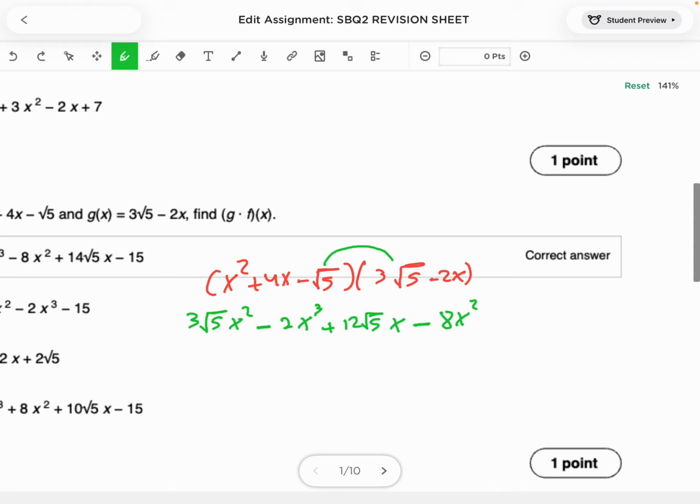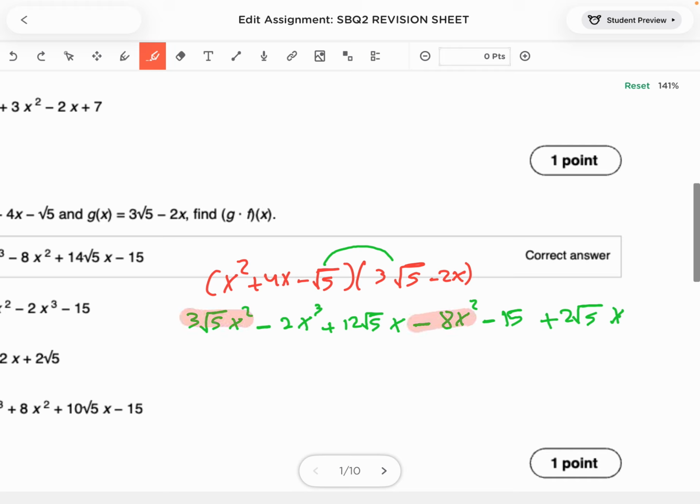Radical 5 by 3 radical 5 is negative. We multiply radical 5 times 3 radical 5, the answer will be 15. Plus 2 radical 5 x. Now we will combine the like terms and write it in standard form.